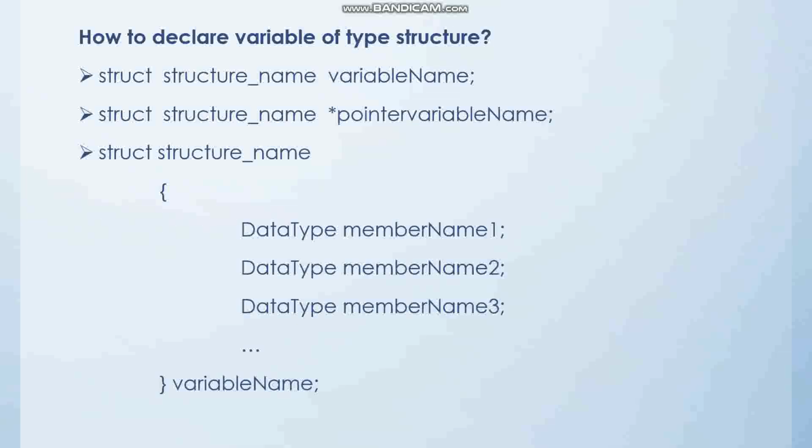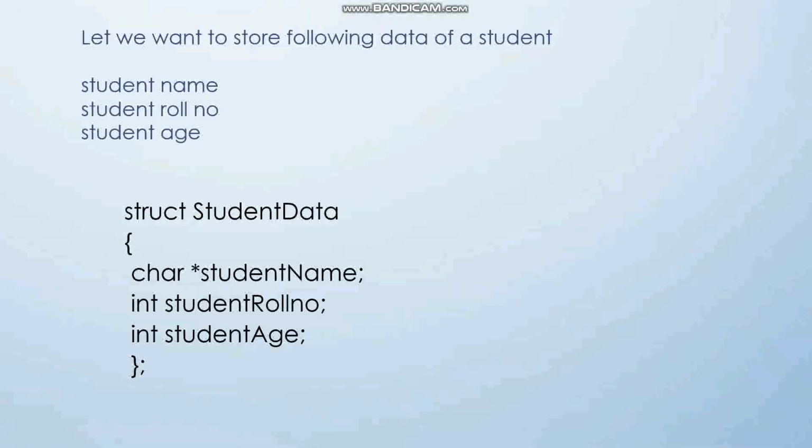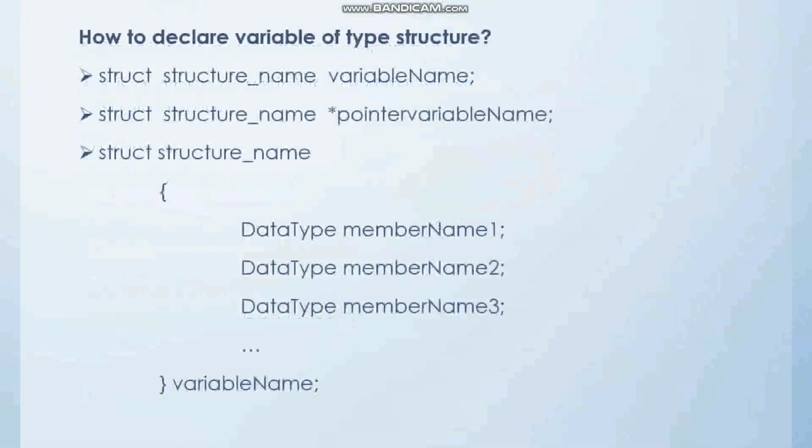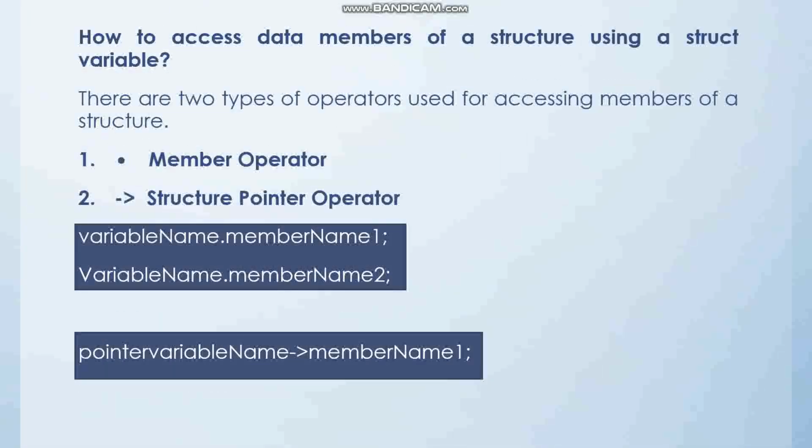Now the question is, if I have declared variables, then now I want to access the value of student name, the value of student roll number, the value of student age, how is it possible? There are two operators used for accessing members of a structure. First one is the member operator, and second one is the structure pointer operator. Once I have declared a variable of a structure, then I can use that variable name for accessing the members of that particular structure.